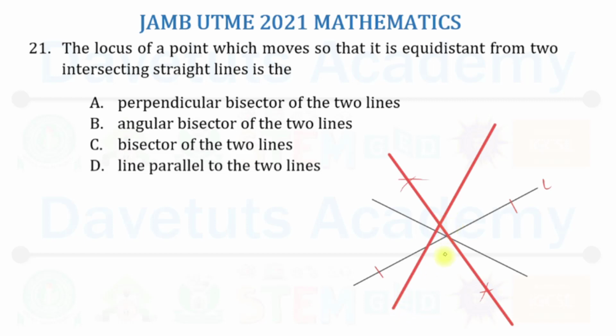And of course, that's not defining the locus of those 2 points, right? In the second case, we are told angular bisector of the two lines. So if we have one of the angles here, let's say we are taking this angle, and we'll put our compass here and mark off this, and then we're having something like this.